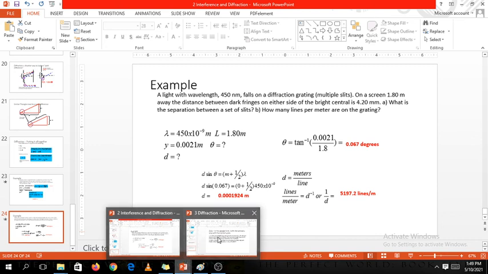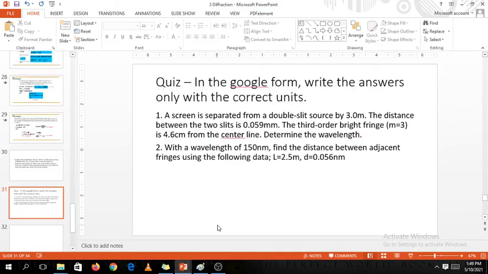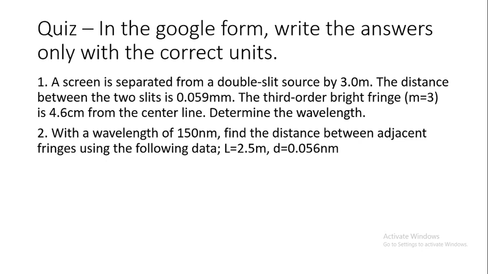So, your quiz. I'll be creating a Google form. You write your name as given in the form, and simply write your answers to these two questions. So, just the answer to number 1 and the answer to number 2. Write the answer only. Okay?